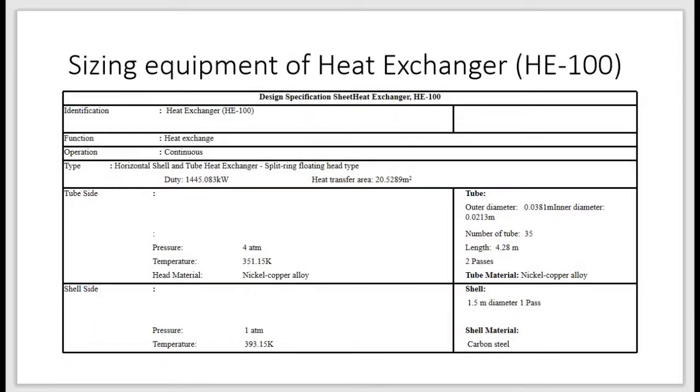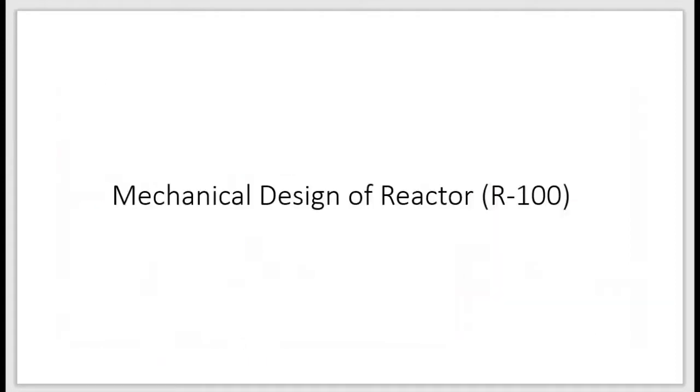Let's proceed to the next part, which is the mechanical design. We have decided to include three equipments in this mechanical design: the first is the mechanical design of the reactor, the second is the mechanical design of the distillation column, and the last is the mechanical design of the heat exchanger.